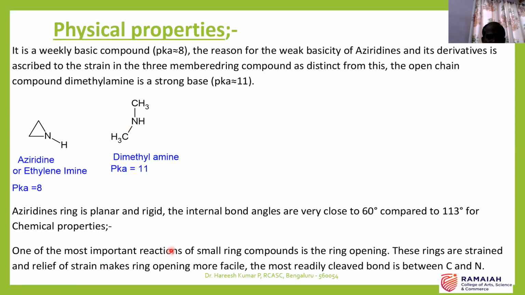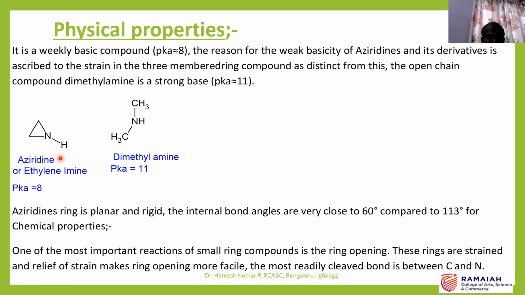Then one of the most important reactions of small ring compounds is the ring opening reaction. Ring opening means, suppose aziridine is treated with a halogen acid. The halogen acid may be HCl, HBr, or HI.